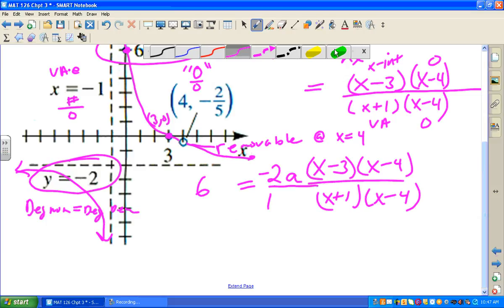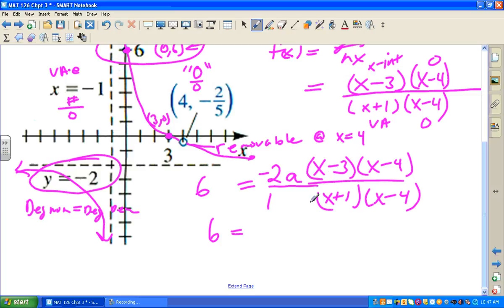So 6 equals -2 times a times 12 over 1 times -4. Yeah, so -24 equals -24a. So a would equal 1 in that case.